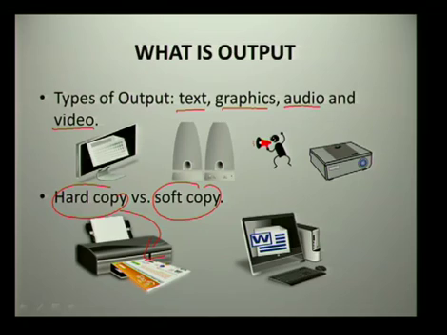That is why you say it's hard copy, because it's physical and you can see it. Soft copy means it's still in your computer, stored in there, and that is why I refer to it as a soft copy. It's not tangible, you can see it but you can't touch it. Now let's look at the devices we use to have those types of output.